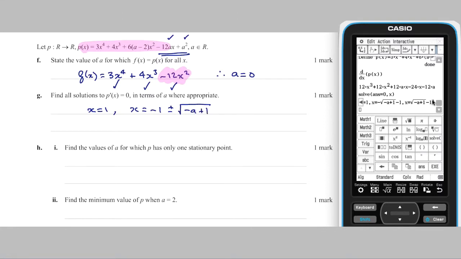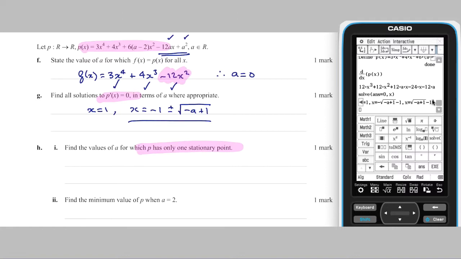In part H, we are asked to consider when p will have only one stationary point. That will be when the solution for p dash equals 0 has only one solution and not three. For this to occur, our second solution, x equals minus 1 plus or minus the square root of negative a plus 1, needs to not exist.